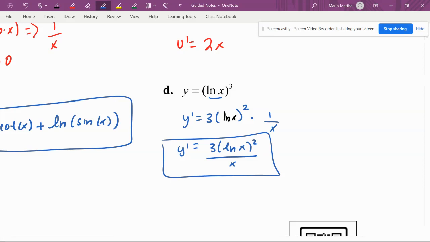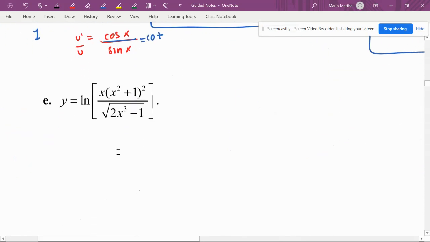All right, and let's look at one more down here. So we're looking at y equals the natural log of x times x squared plus 1 to the second power, divided by the square root of 2x cubed minus 1. So again, you want to rewrite this as simple as possible, right?